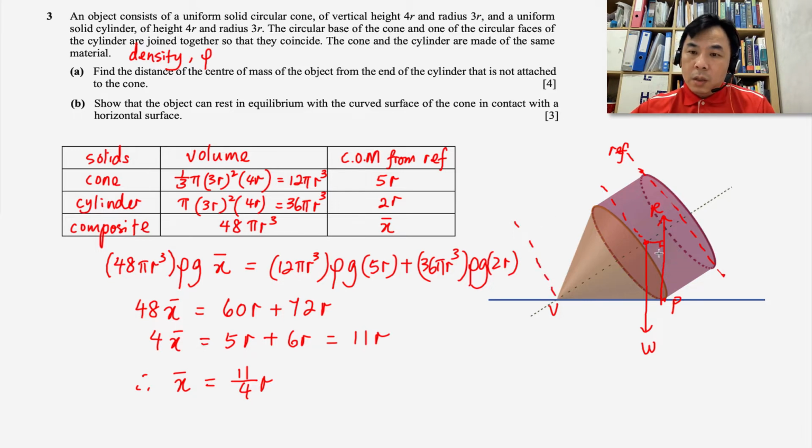All right, this distance is basically 8r because the entire height of the composite solid is 8r. So therefore, you can take 8r and subtract 11 over 4r. This will be 8r minus 11 over 4r. That will be the distance from the vertex to the center of mass at this point.